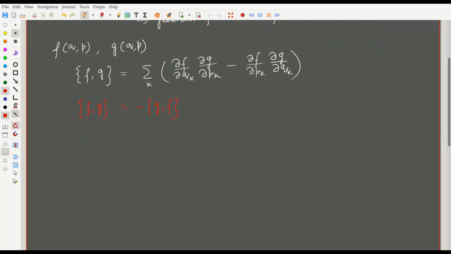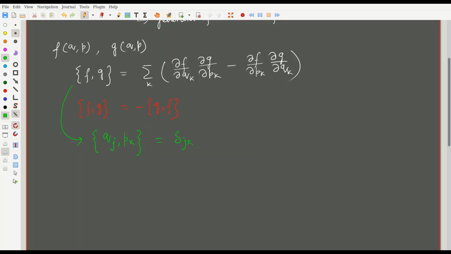And from this definition, you can also check that the Poisson bracket between the coordinates and the momenta themselves, {Q_j, P_k}, equals delta_jk.